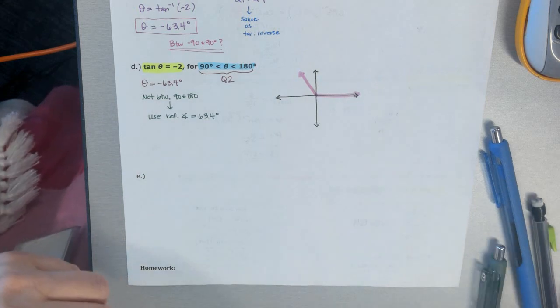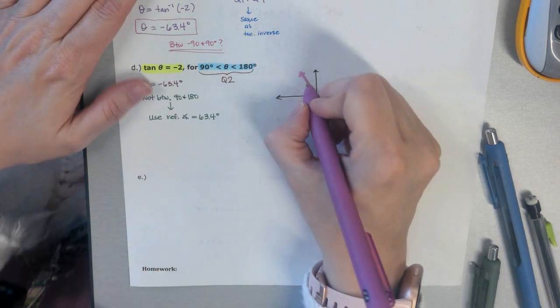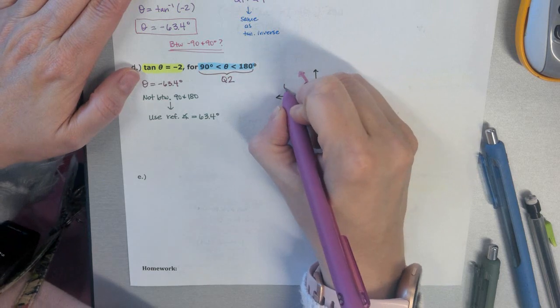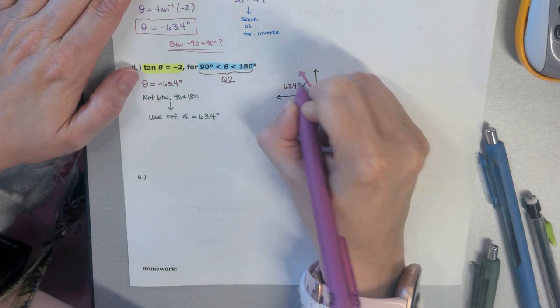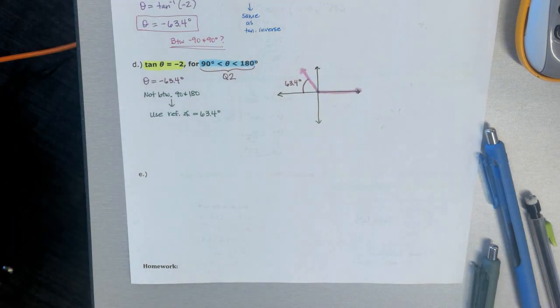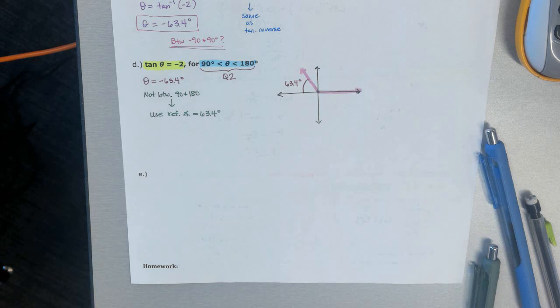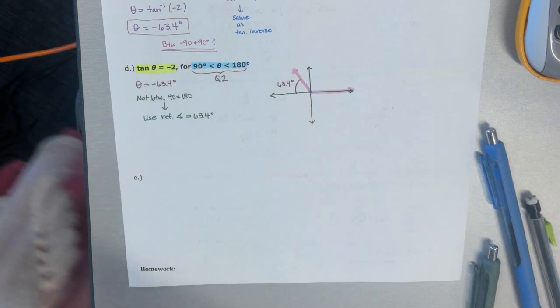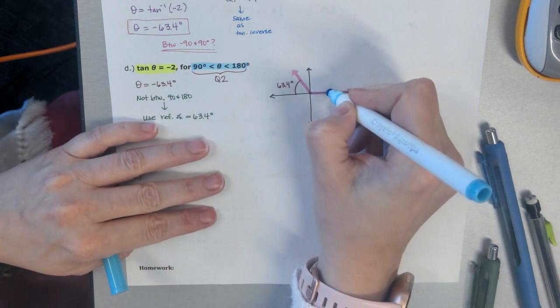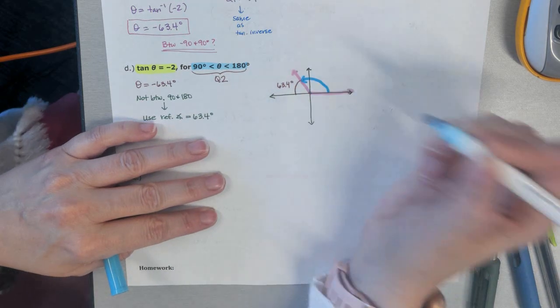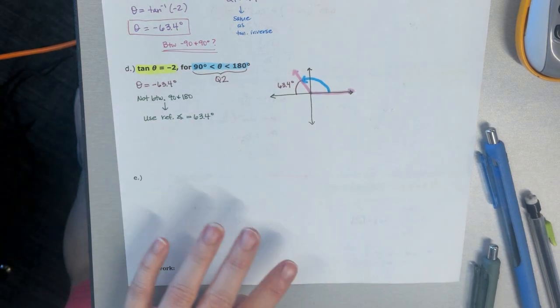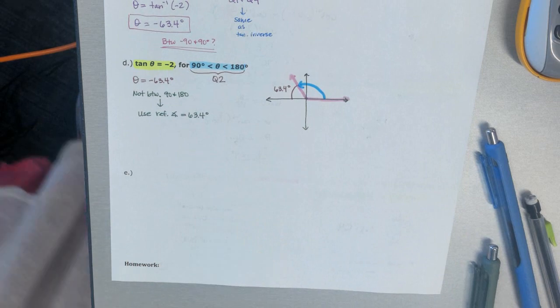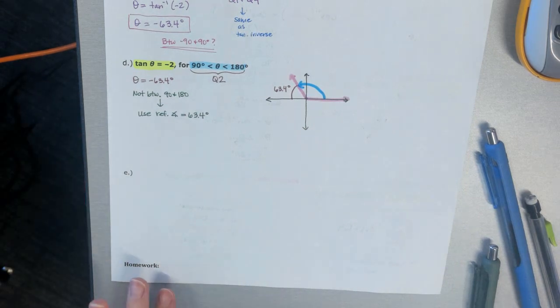So what we just did is graph the reference angle. The angle that you have to find is going to start at the initial side and go to that same place. Okay, so it starts at the initial side, goes to the same place. So how do we find that angle?